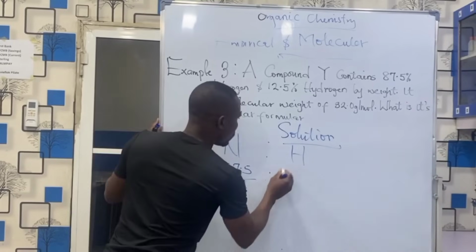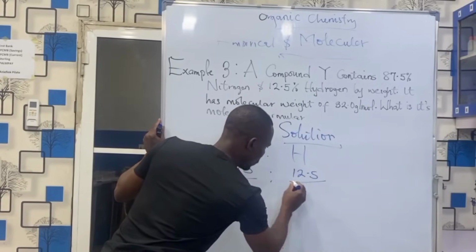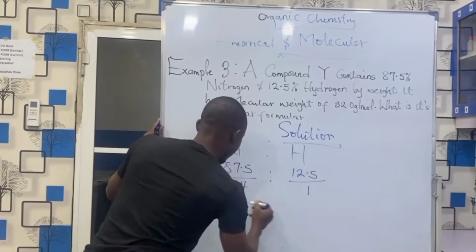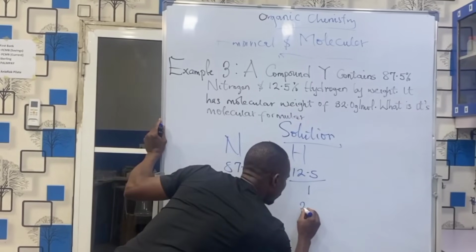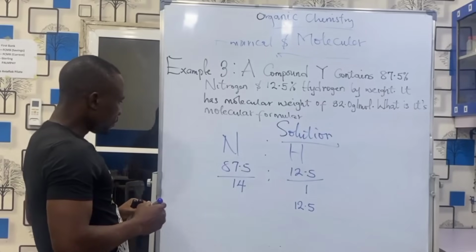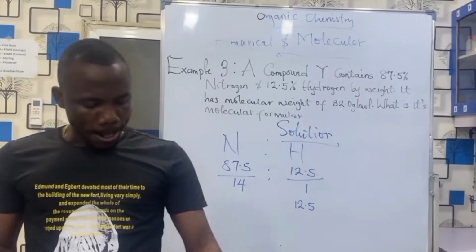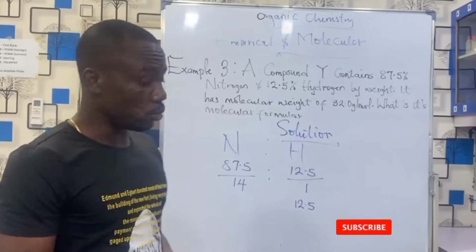And then of course, for hydrogen, we already have 12.5% divided by 1. So we already have this to be 12.5. And then when 87.5 is divided by 14, we have 6.25.